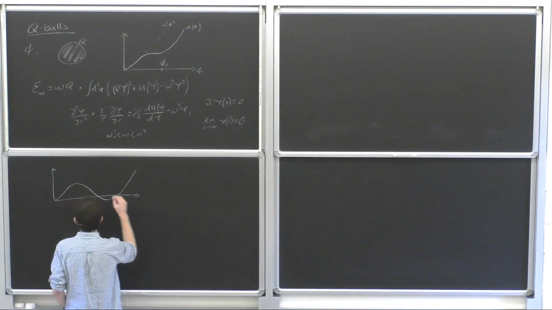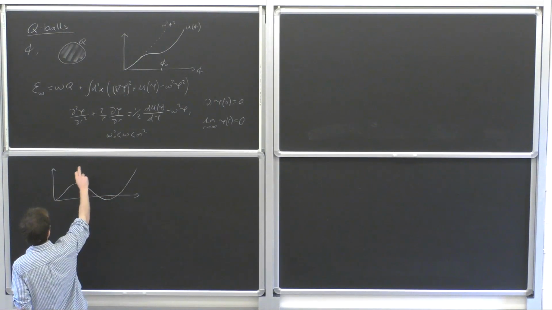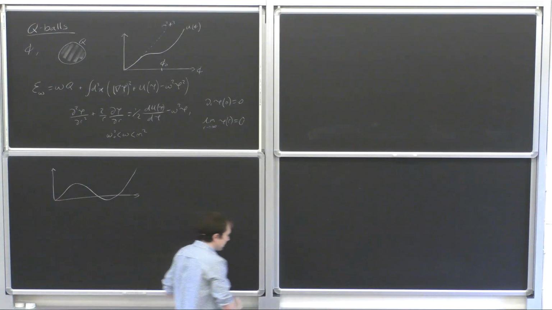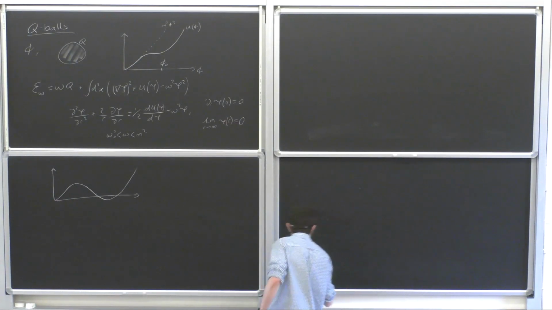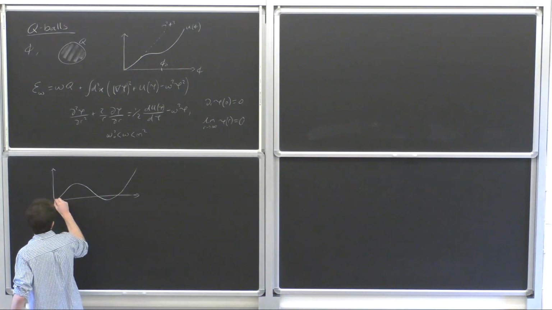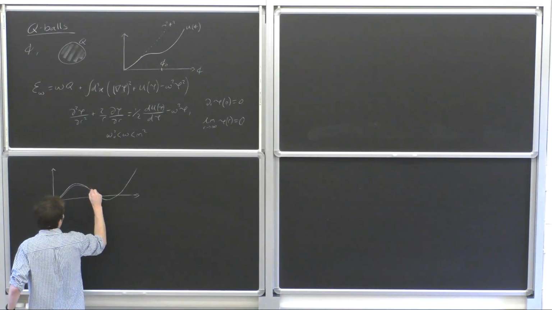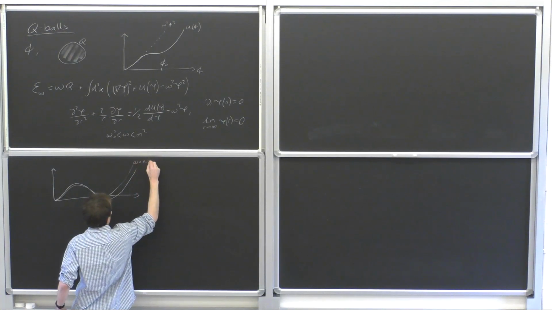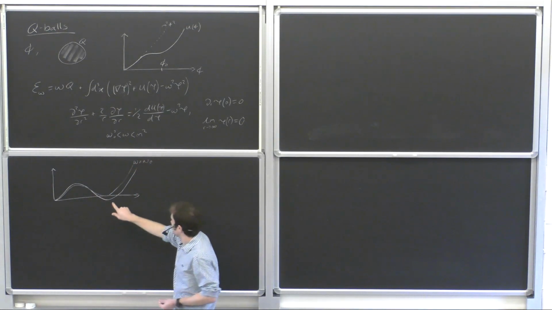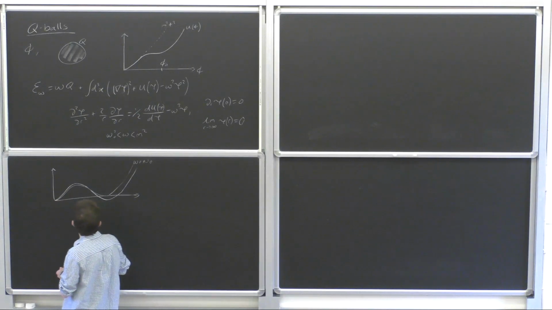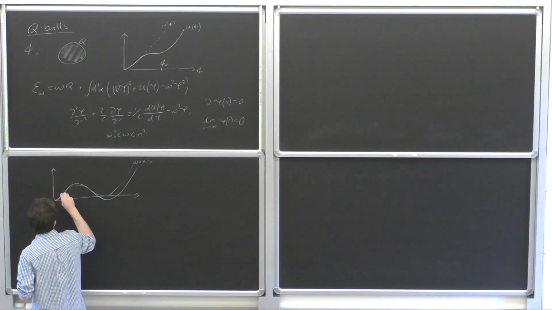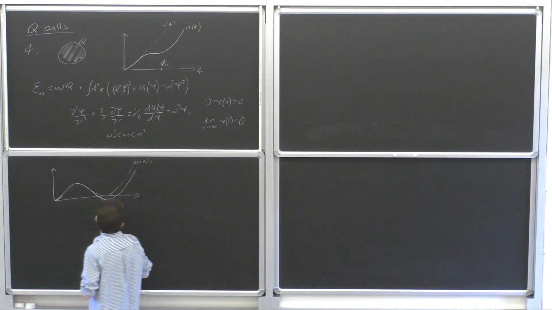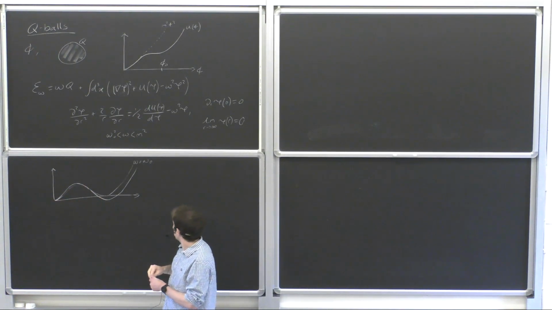In fact, if omega is exactly equal to omega naught, then the potential would look something like this, with exactly two degenerate minima.